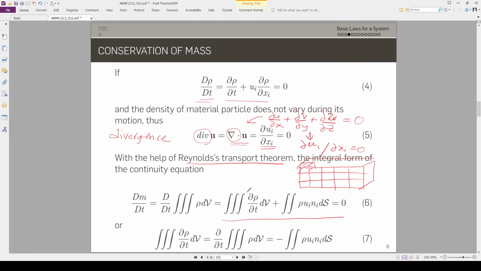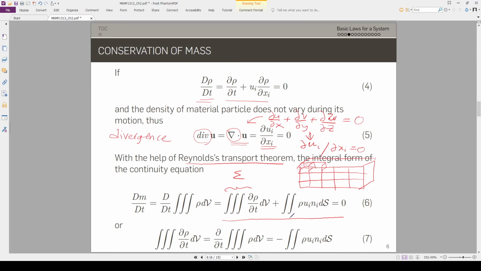Integration here, you can imagine that we sum all of the contributions from the small elements to make a complete system. So we sum the contribution from this cell here, and then we add the second cell, and then we add the whole control volume to come up with a complete system.